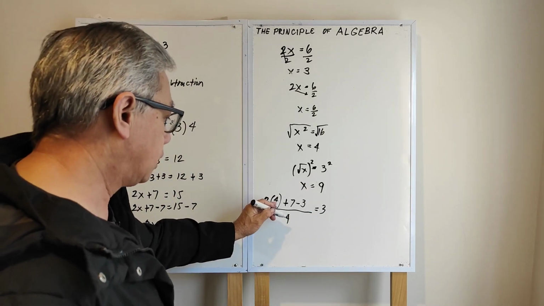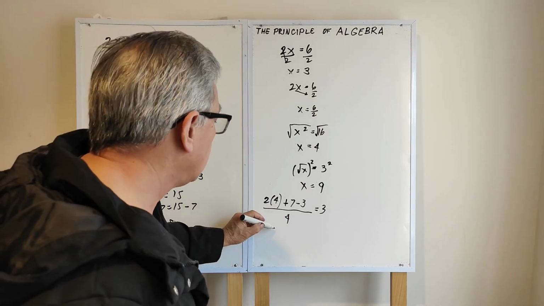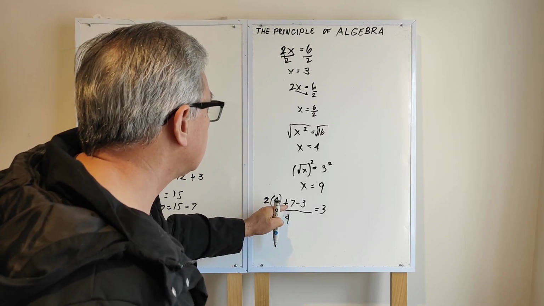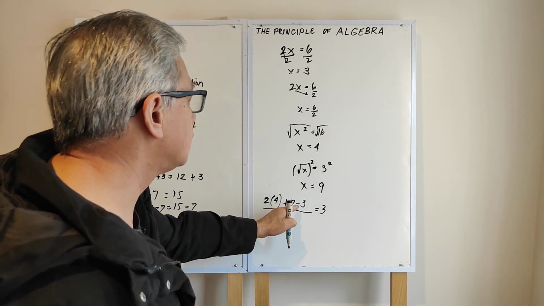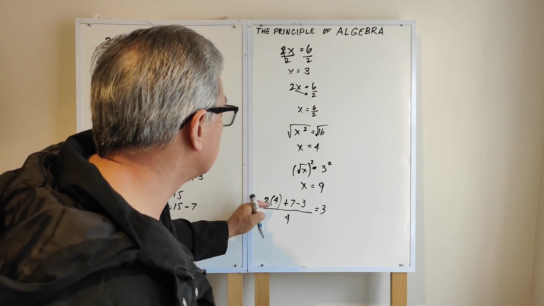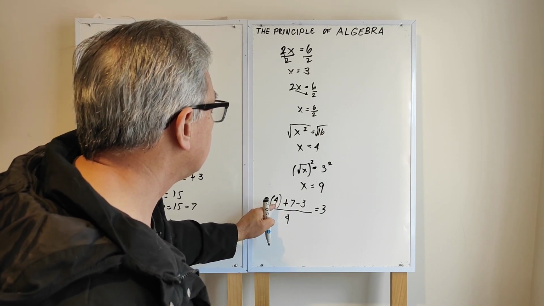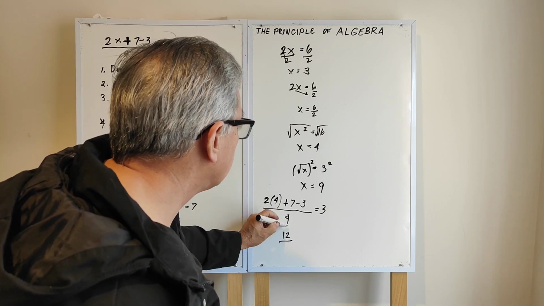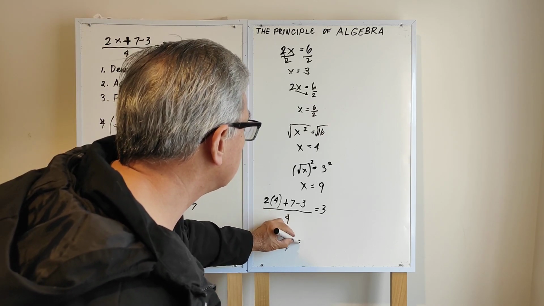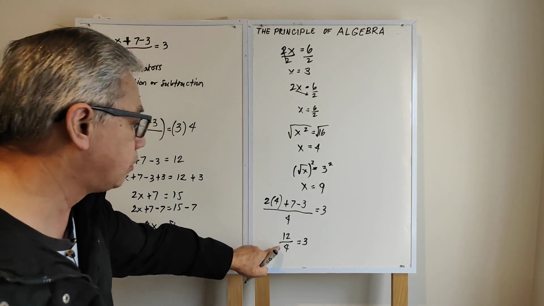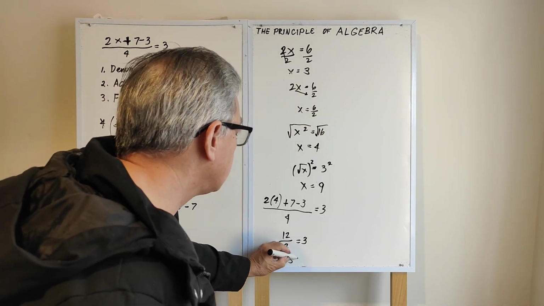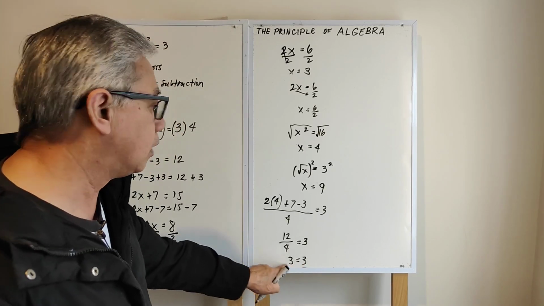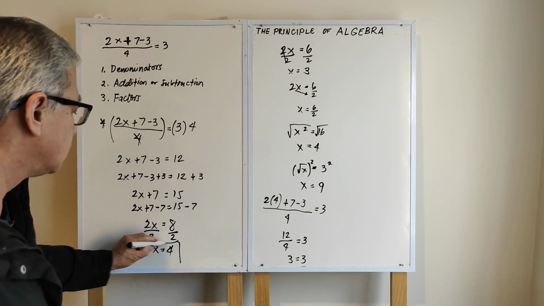So 2 times 4 is 8. 8 plus 7, 15 minus 3 is 12. So 12 divided by 4 is equal to 3, which is equal to 3. So if these two values are equal, then your answer is correct.